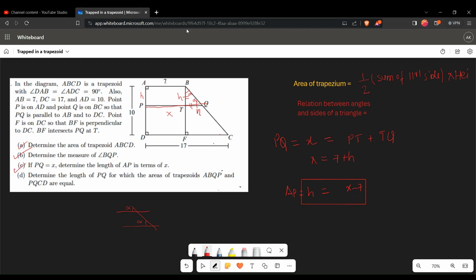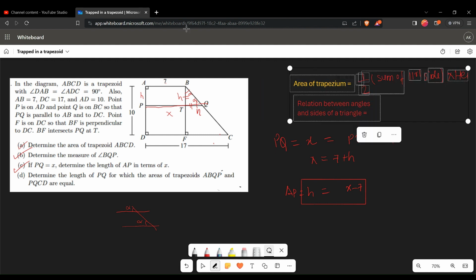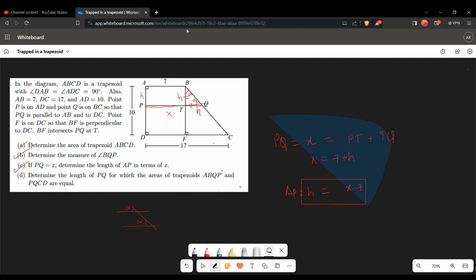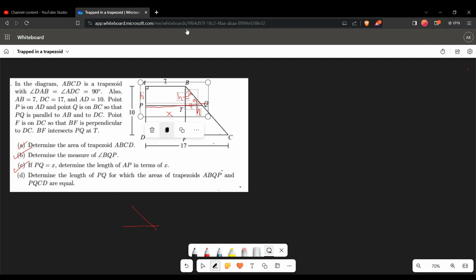So this part is also done, and for the last part, let me clear the space. Okay, moving on to the last part.